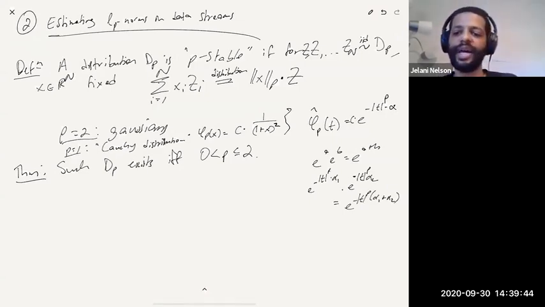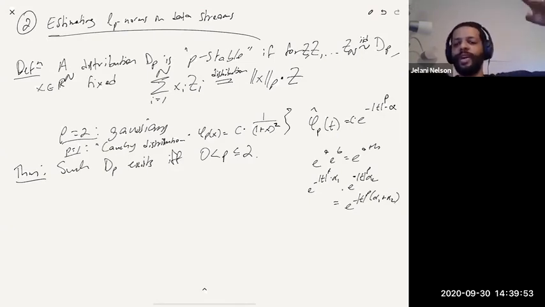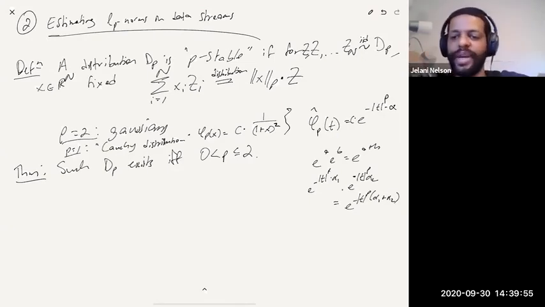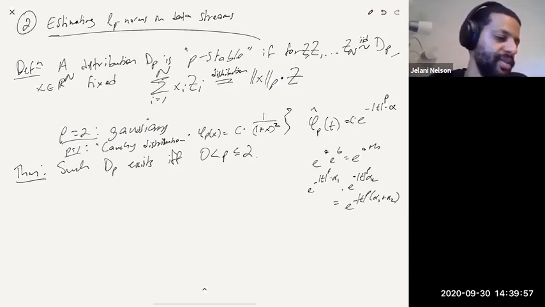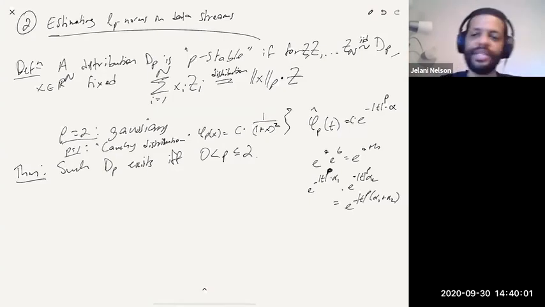Okay. So that already gives you a sense of why this is a good Fourier transform to have, because it says if you add two independent p-stable random variables, you get back a p-stable random variable. It's just that the scale factor changes.